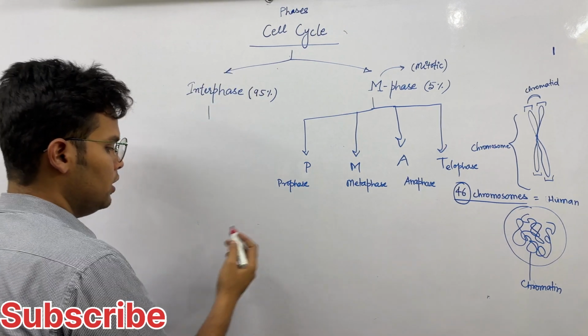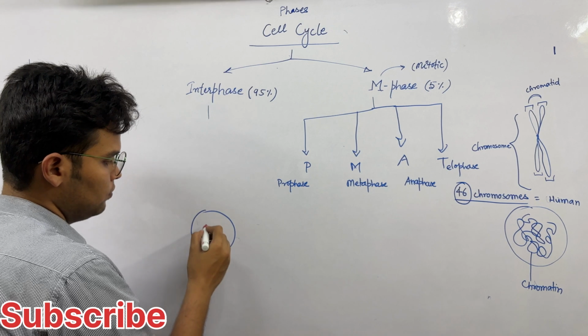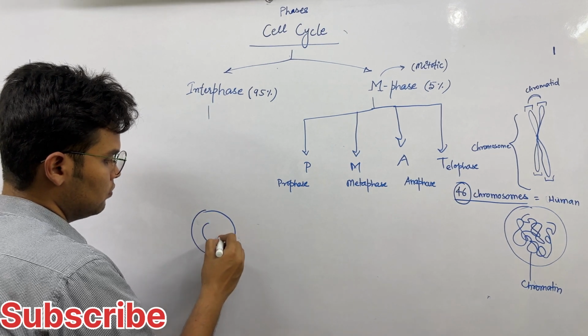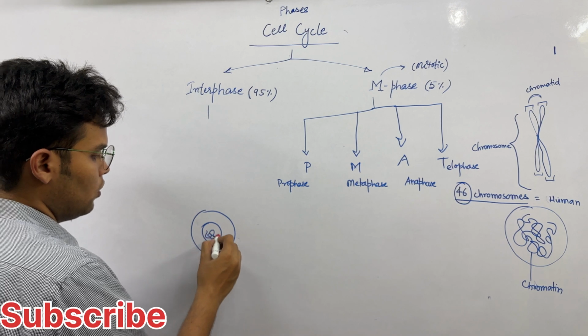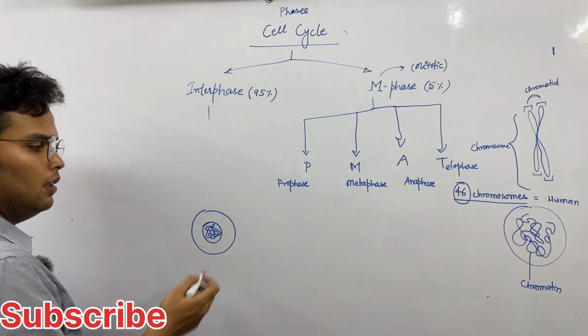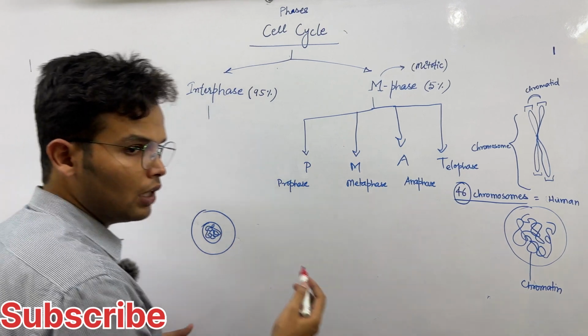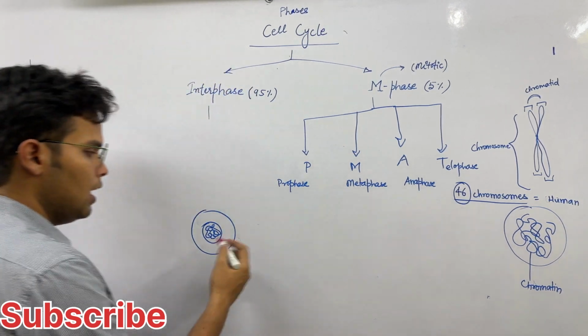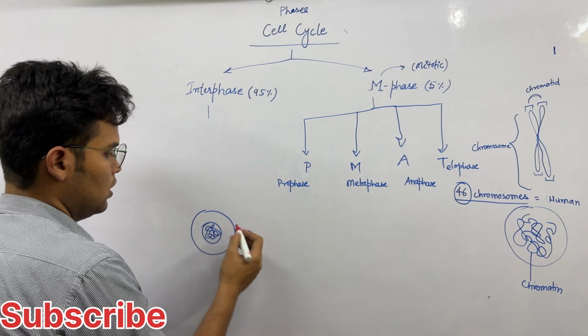So the important thing is, if I draw the structure of a cell having a nucleus, then this is the chromatin, and this chromatin will condense when it enters the cell cycle, and it will form chromosomes.